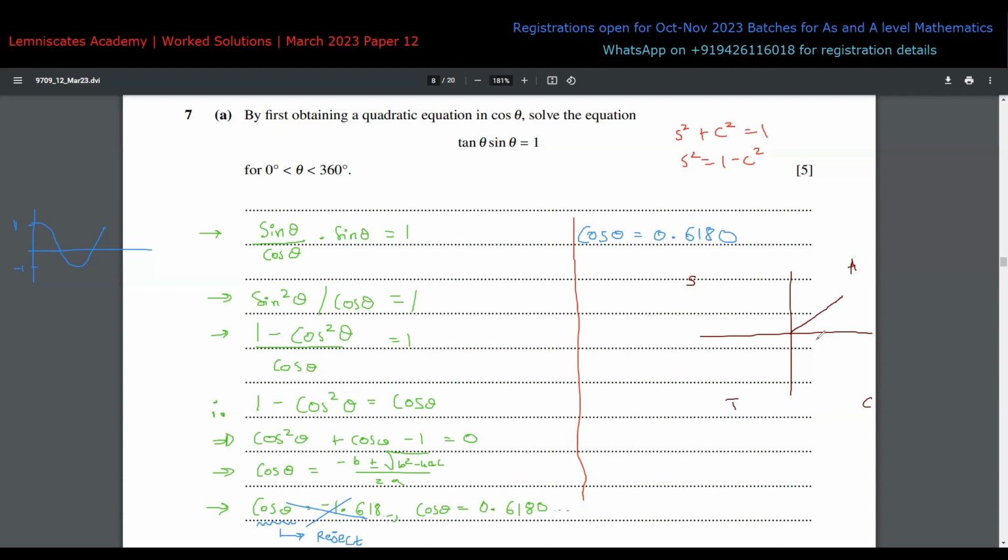So I know that the value of cos is positive 0.6180. So the lines will come in the first and the fourth quadrant. This is called the basic angle, which is the inverse of the value written over here. Even if it was the negative of this value, the basic angle is always found as the inverse of a positive value, right? So this is my basic angle.